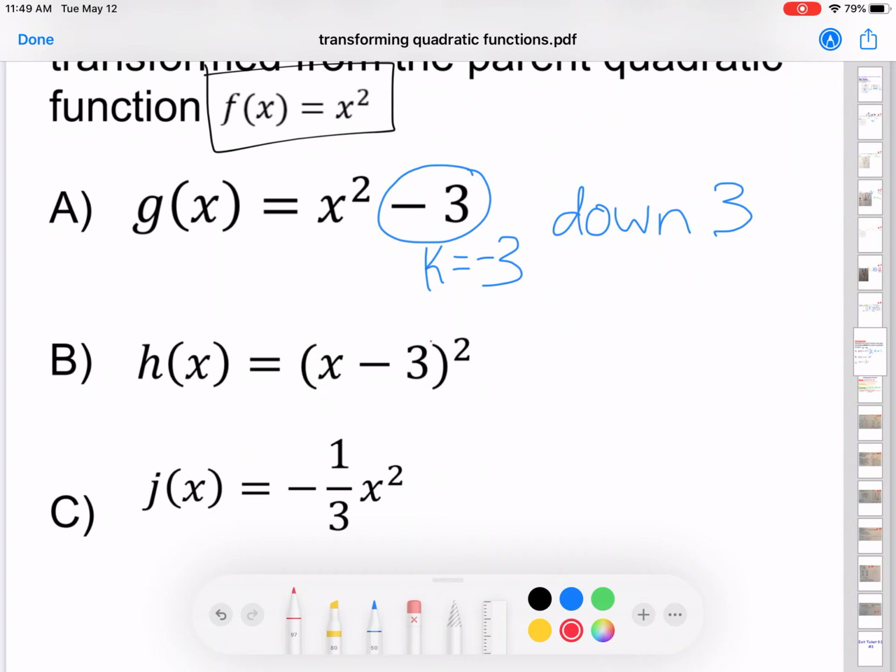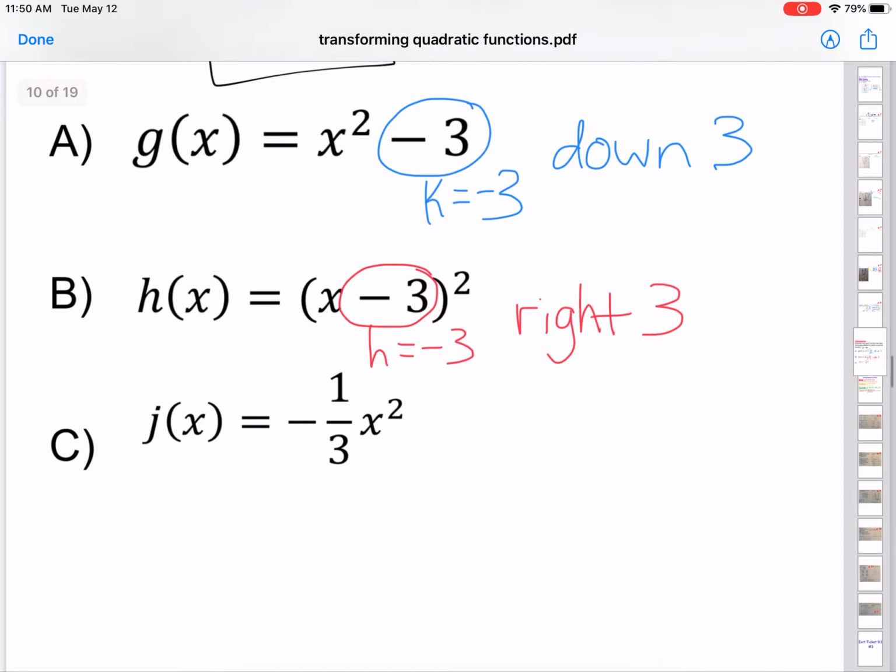For part B, we'll notice that they put a -3 inside the parentheses, so that means that our h is a -3. We know that a number inside the parentheses moves our graph left or right, and it moves opposite. So because we had a -3 here, our graph was moved to the right 3 units. So for part B, you should have said to the right 3 units.